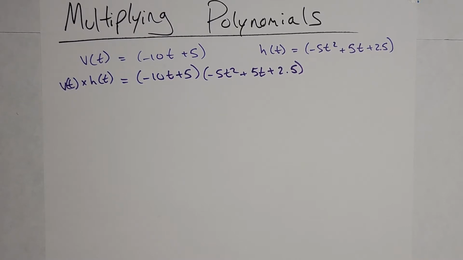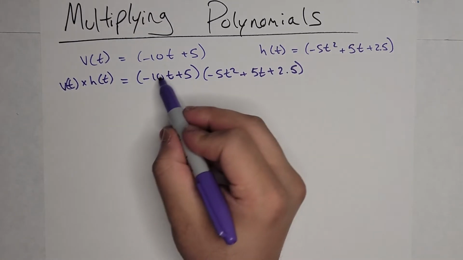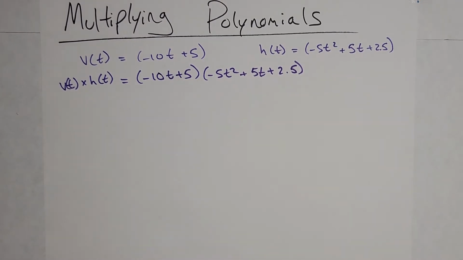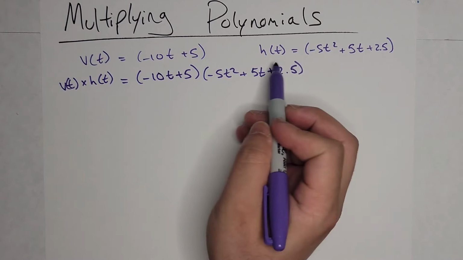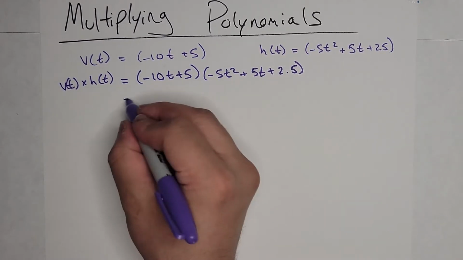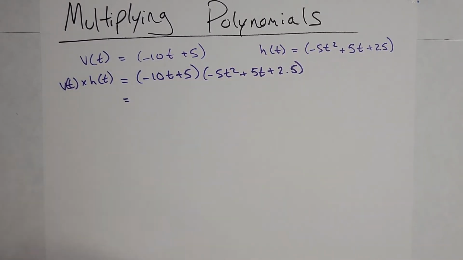Like in our previous videos, we've actually done this, but here we're going to open this up using the distributive property. So we're going to do the -10 first into these three.